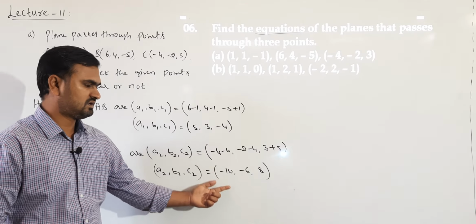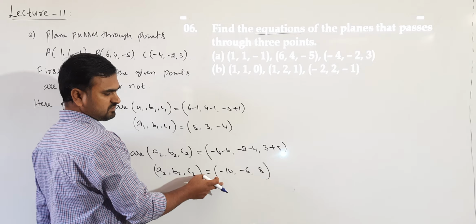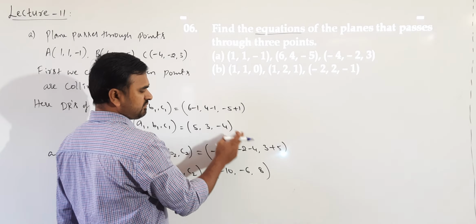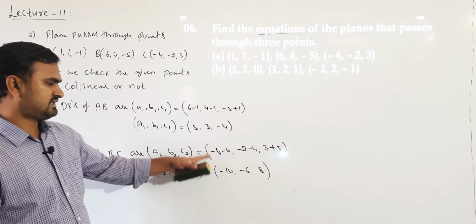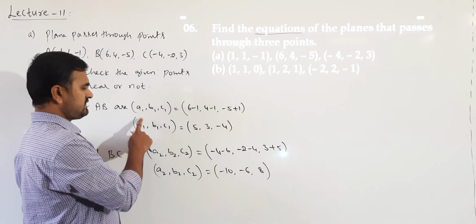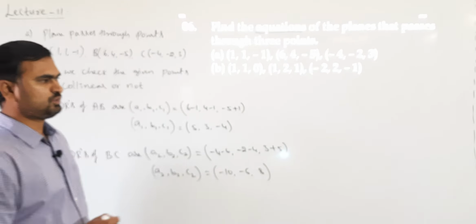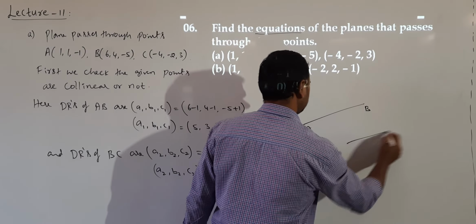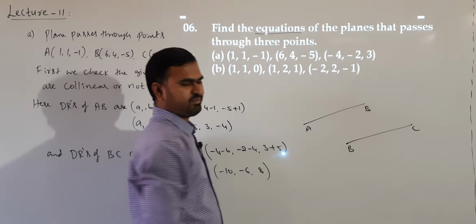Now see, are they proportional or not? 5 by -10 is -1 by 2, 3 by -6 is -1 by 2, -4 by 8 is -1 by 2. So we observe that the DRs are proportional. DRs proportional means AB is parallel to BC.